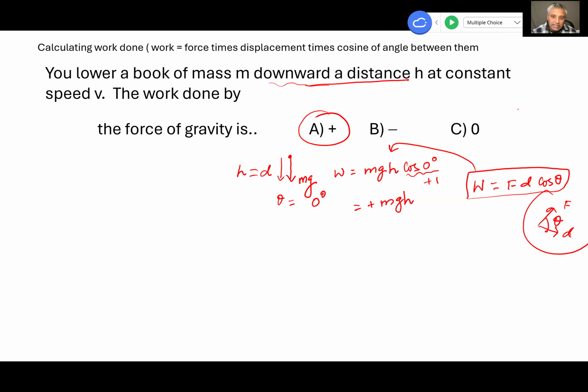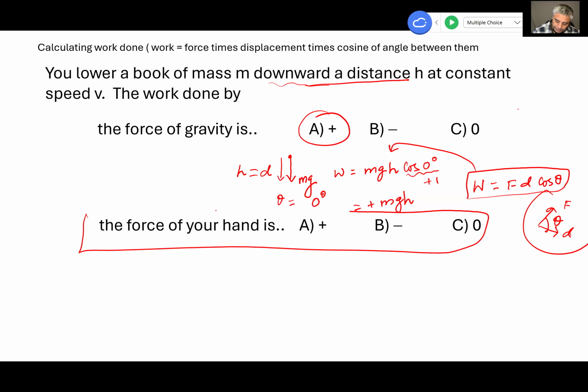Anything you'd like to add or ask on this one? Well, then let's move on. I have another question for you now. I'm pulling for this. And again, you have a minute and 30 seconds.